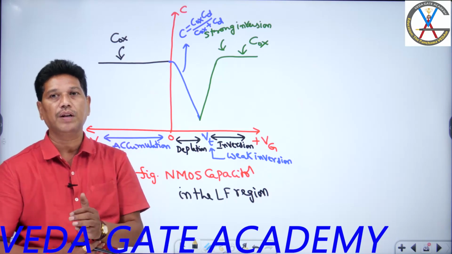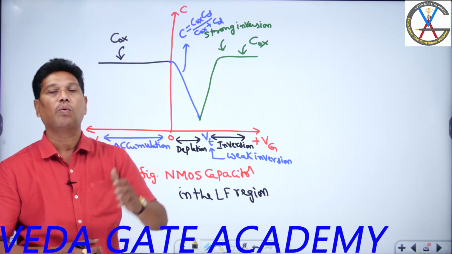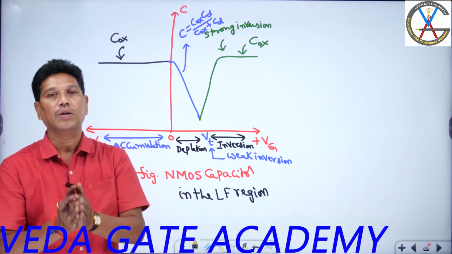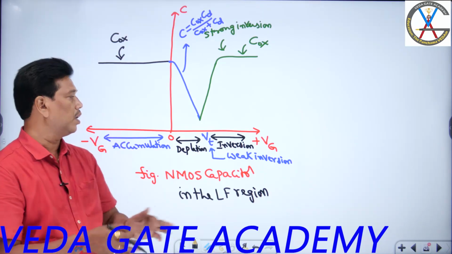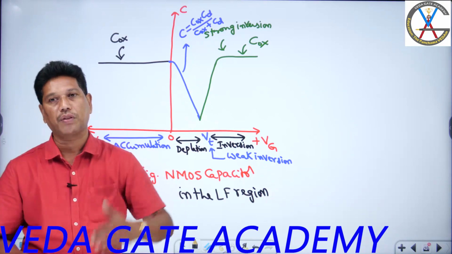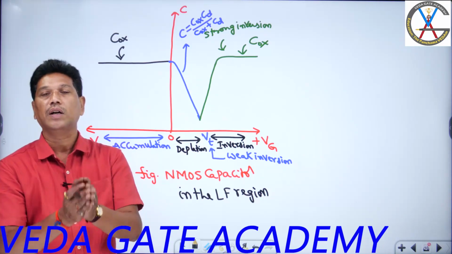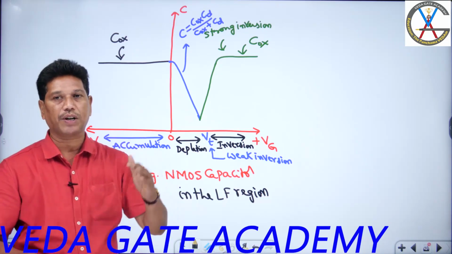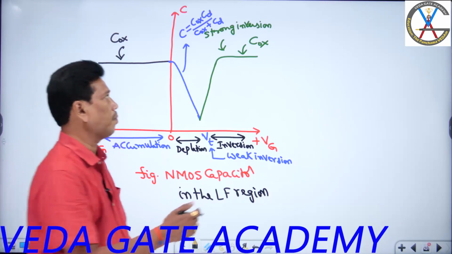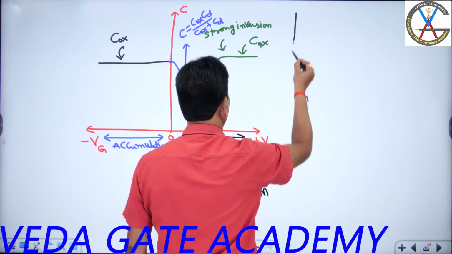In the high frequency region, inversion mode is not possible. In the high frequency region, the barrier is effective, so the capacitance is minimum and constant there. The barrier effect is not cancelled. In the high frequency region, the barrier is effective, such that inversion mode is not possible. Same graph, now I can examine.